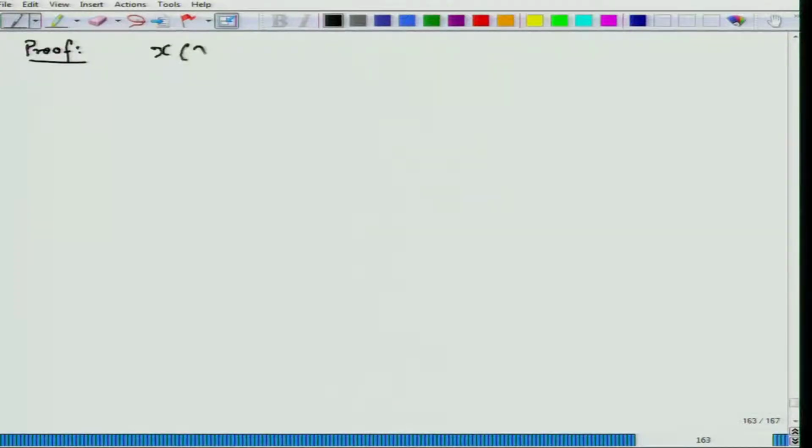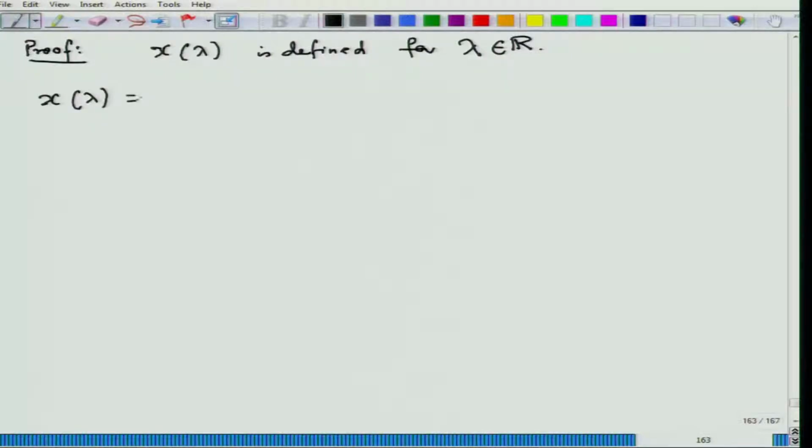So, I define a vector x lambda, defined for lambda in the real number line R. Now x lambda is also partitioned into two parts. In the same way x is partitioned, I partition it as x B lambda and x N lambda.